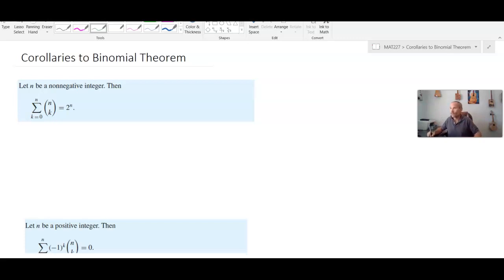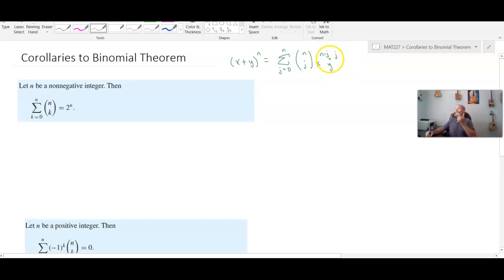So one of the things that we've noticed with the binomial theorem is that in order to expand the sum of two variables raised to the nth power, that's going to be the sum from j equals 0 to n of n choose j, x to the n minus j, y to the j.